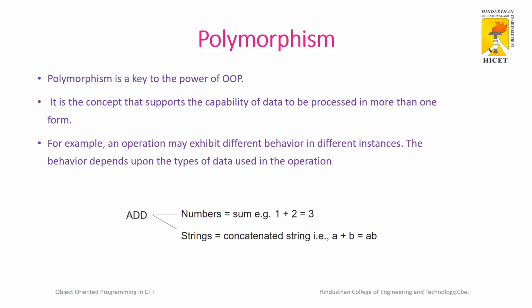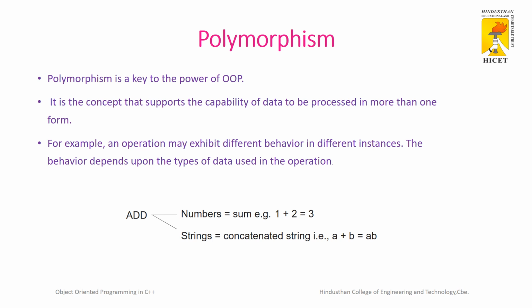Next, polymorphism. Polymorphism is a key to the power of object-oriented programming concepts. It is a concept that supports the capability of data to be processed in more than one form. For example, when you are adding the numbers 1 plus 2, it is equal to 3. The same plus operator is used for concatenating strings, where a plus b is equal to ab.